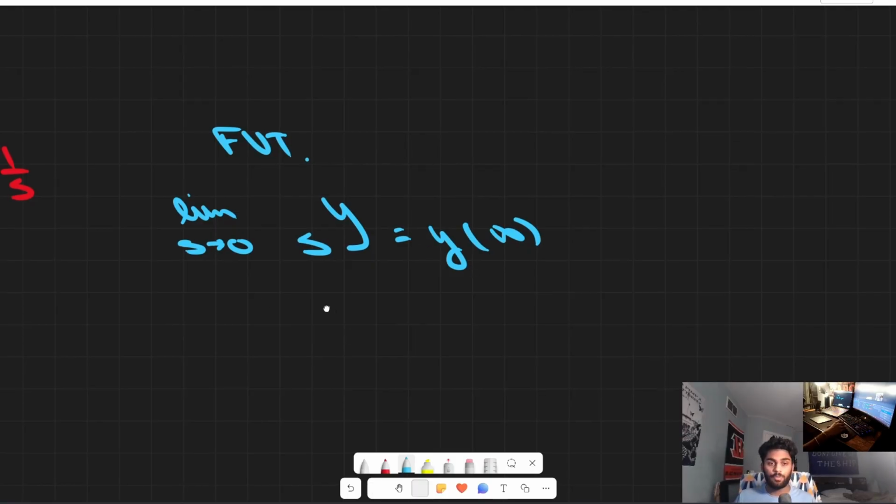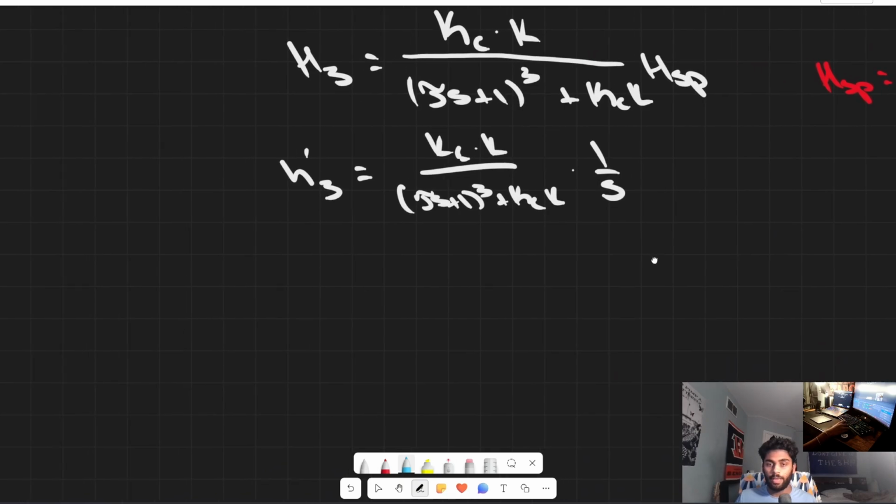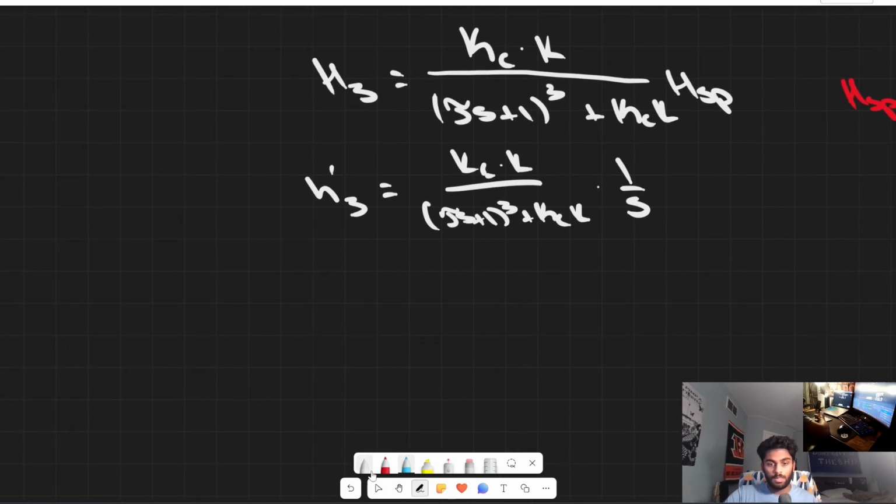And that can be directly applied to what we have here. So what we have now is an sH3 prime. I don't know what's the best way to write this. So this is going to be our sY, and what we want to do is take the limit.